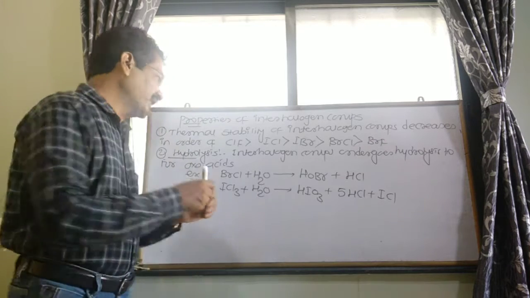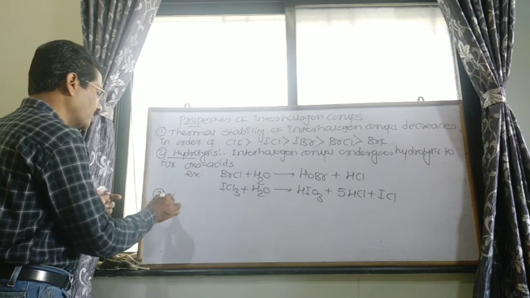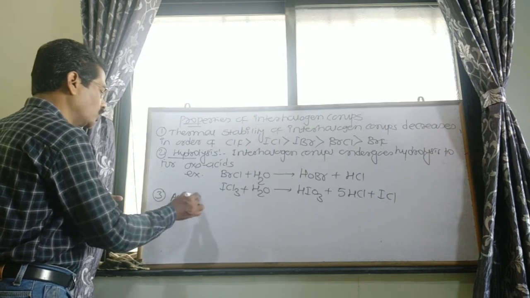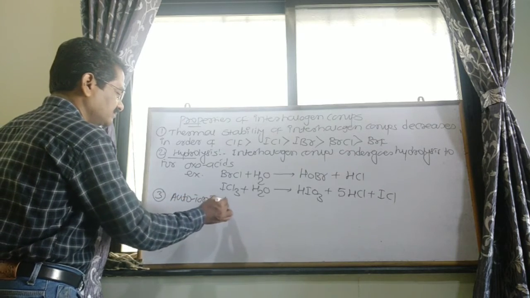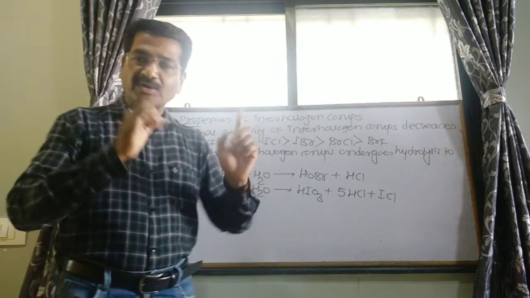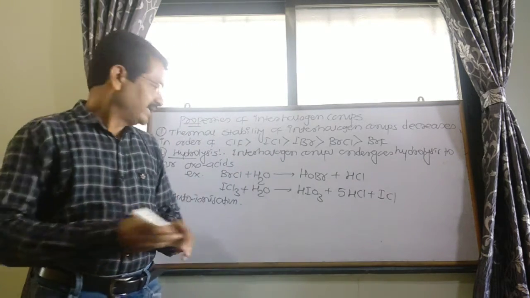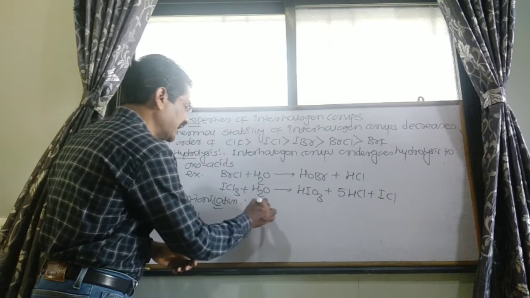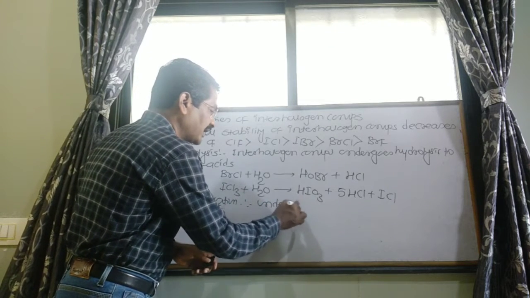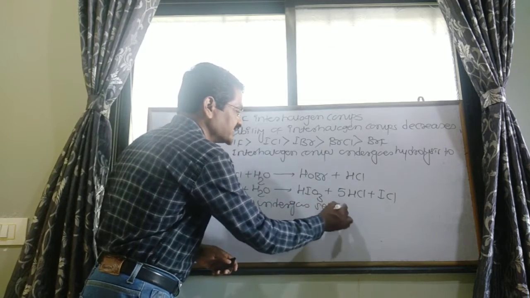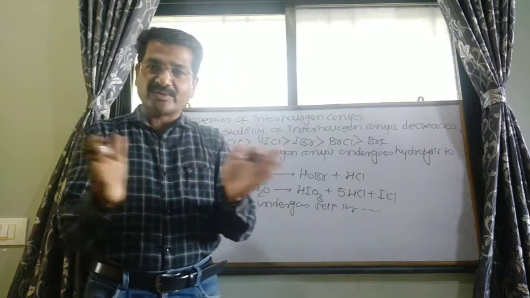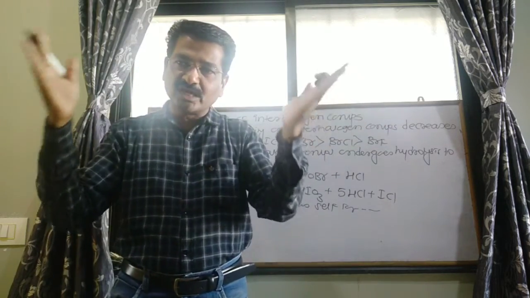Then the third chemical property, autoionization. The interhalogen compounds undergo self-ionization. They break up into ions.